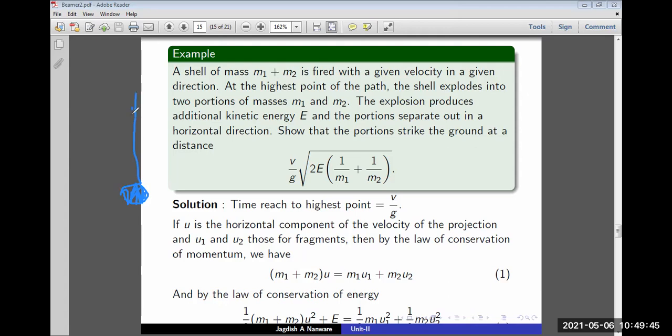It fires along this direction, right? So this is the direction of fire, and it reaches this highest point. So let us denote that height by this.